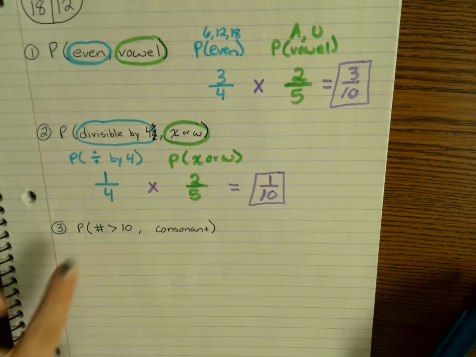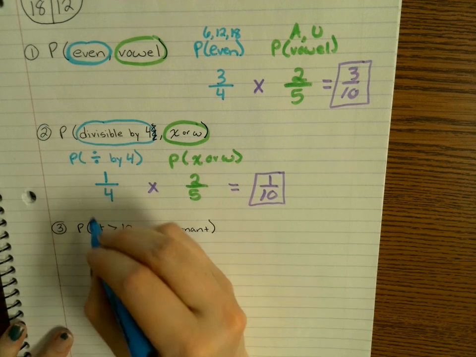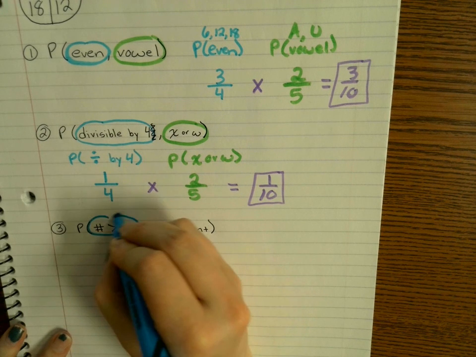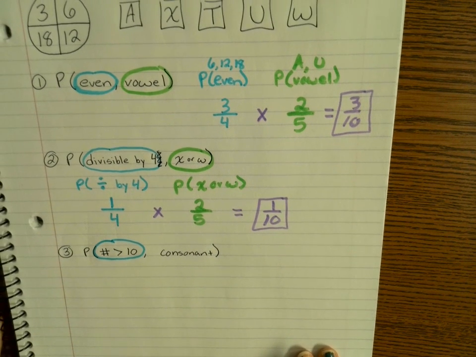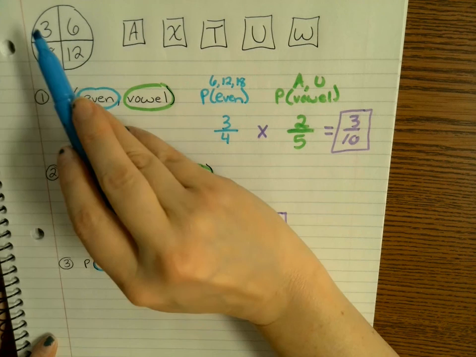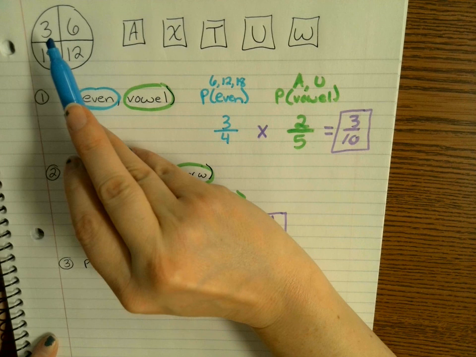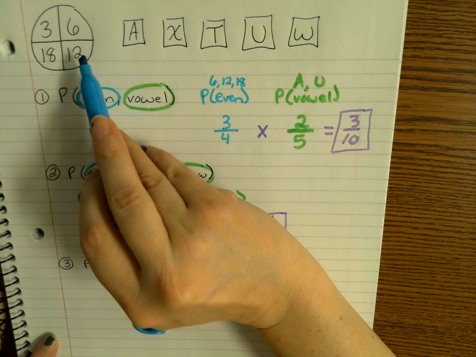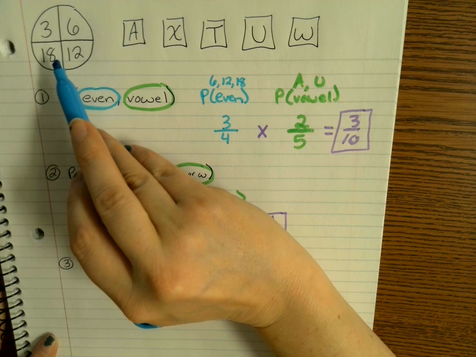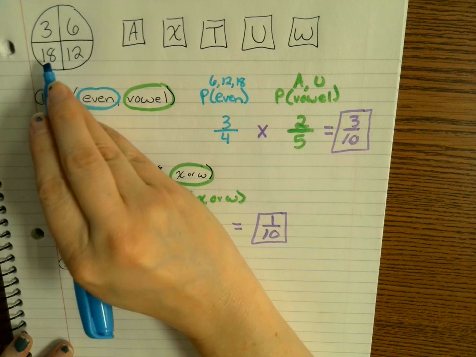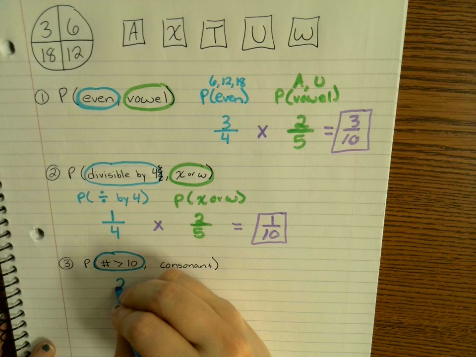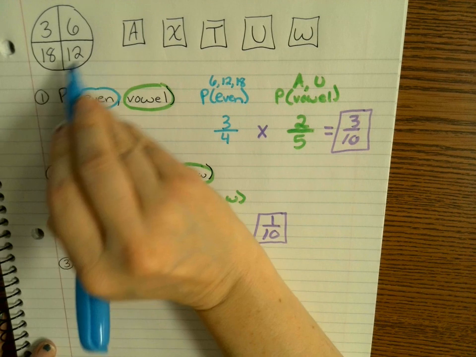So probability that we're going to get a number that is greater than 10. So is 3 greater than 10? No. What about 6? 12? Yes. And 18? Yes. So we've got two numbers that are greater than 10 out of how many numbers again? 4 numbers.